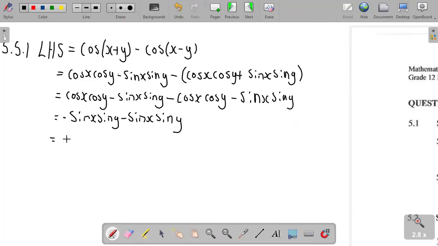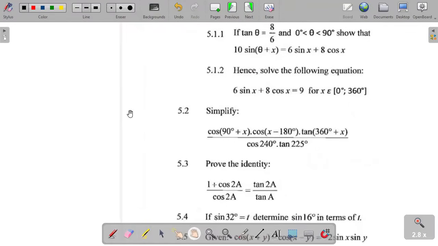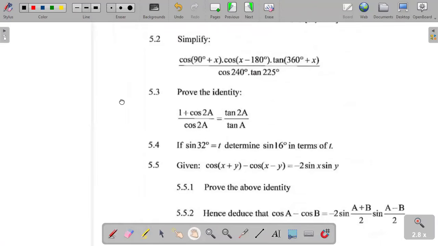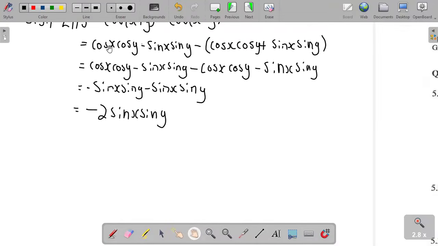So then it's equal to negative 2 sin x sin y. Okay. Which is equal to the right hand side of the equation. So we can leave it there. It was proven.